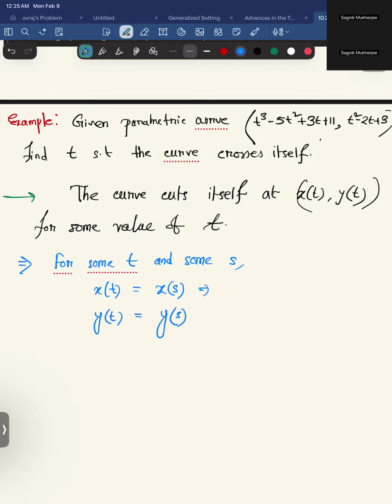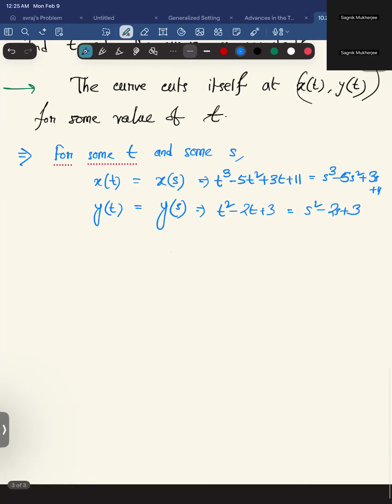So that means t cubed minus 5t squared plus 3t, and here t squared minus 2t plus 3 equals s squared minus 2s plus 3. Okay, how do you solve it?